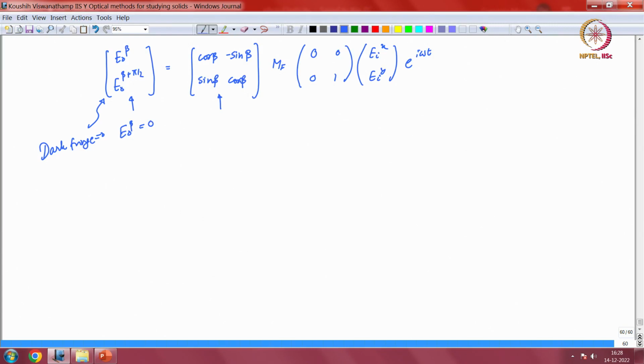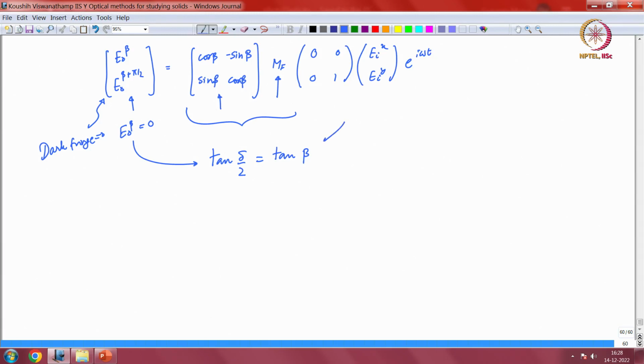You can do this matrix multiplication. You already know this matrix, you can multiply that by another rotation matrix, and if you get the condition that you see a dark fringe in the dark field image, then you can show, again I am going to skip the algebra because it is a reasonably straightforward thing to do. You can show that tan delta by 2 is tan beta, that is what you will get from the algebra.